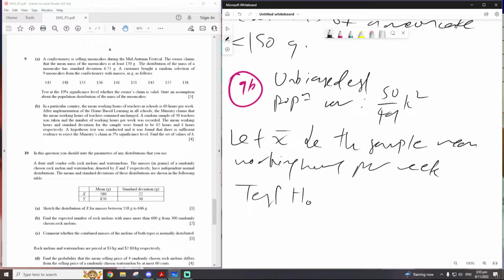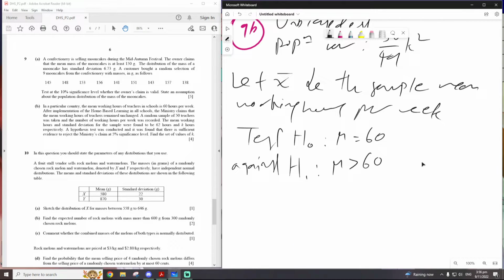Test H0 against H1. The ministry claims that mu is 60 and H1 claims that the timing increased, right? And we will choose mu greater than 60 because our sample mean is greater than 60.